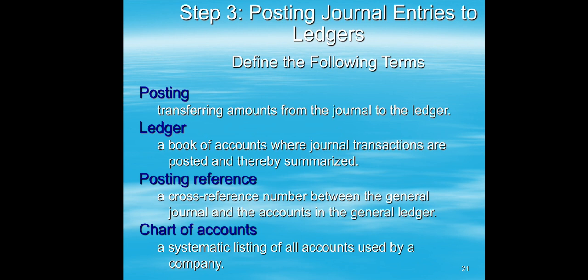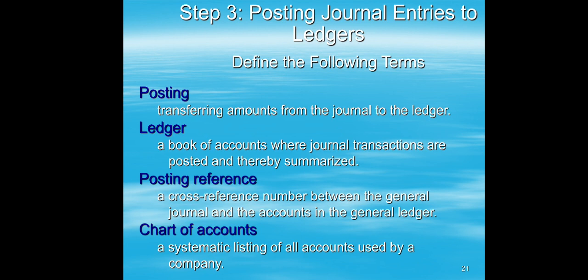Then posting reference. A posting reference is a cross-reference number between the general journal and the account in the general ledger. Chart of accounts. A chart of accounts is a systematic listing of all accounts used by a company. So the ledger is a book, and in the ledger there are many accounts.